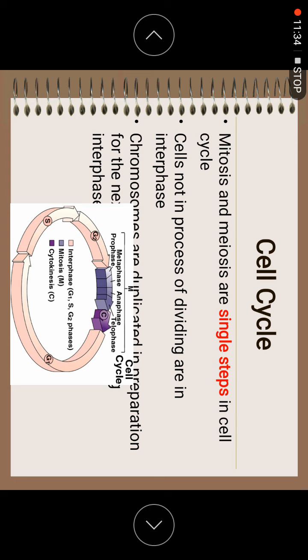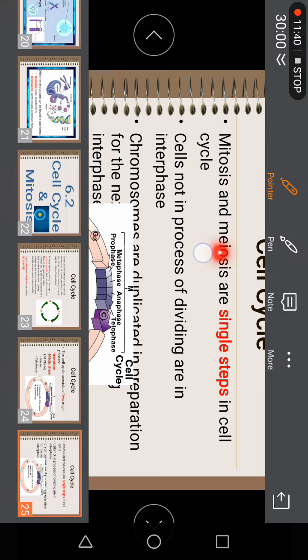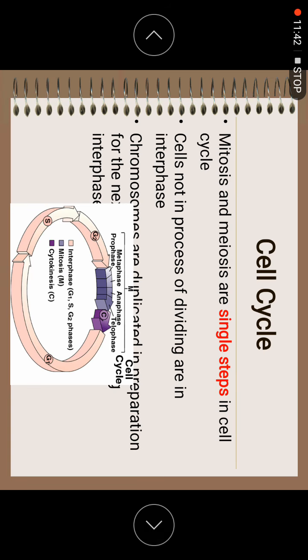Mitosis and meiosis are single steps in the cell cycle. When we say mitosis and meiosis, it means the nucleus division. The nucleus division is one step, starting from G1, S, G2.